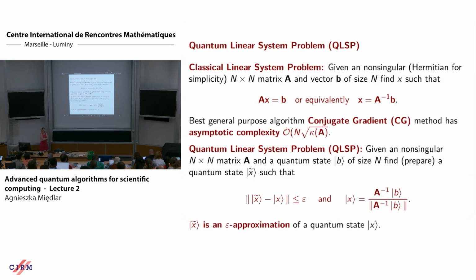And we have some tolerance epsilon, so x tilde will be called the epsilon approximation of the quantum state.